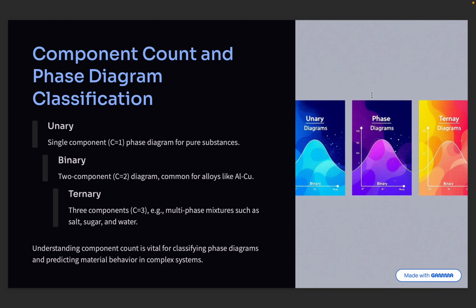If there are two components, we call it a binary phase diagram, and it is common for alloys like aluminum and copper. Ternary means three components, for example, if we put sugar and salt in water, then there are three components.